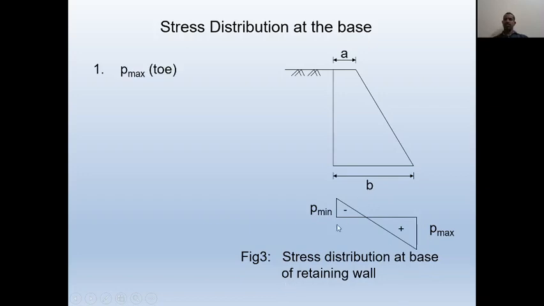This is the most critical case, because tensile stress formation is assumed to be neglected, either for the design of a retaining wall or even for dams, because of the materials which will be subject to tension. Let us say it is constructed with concrete. What happens to concrete? Concrete strength is about 10 times lesser when it is subject to a tensile stress.